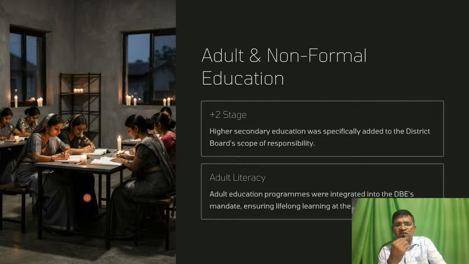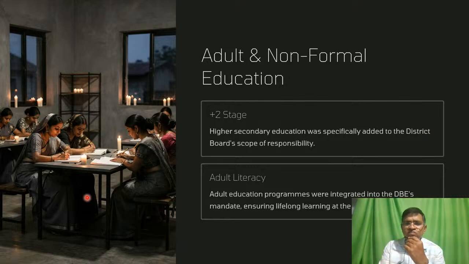Then adult literacy: for those who were unable to study in their school age or teenage, and are unable to go to school regularly due to their age or other responsibilities, the District Board of Education has the mandate that everyone should get at least minimum literacy skills. That is the main aim, which is looked after by the DBE, the District Board of Education.